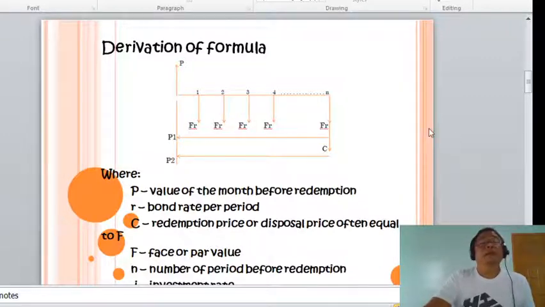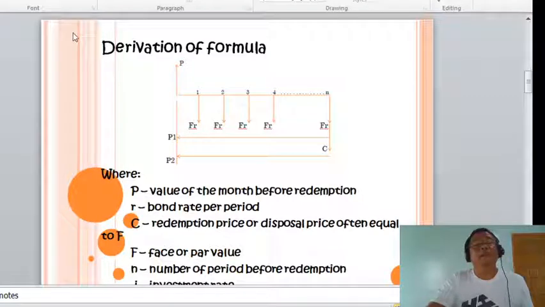Supposing we have the amount P, and a payment made at each year, FR, and the value at the redemption, or rather the redemption price.